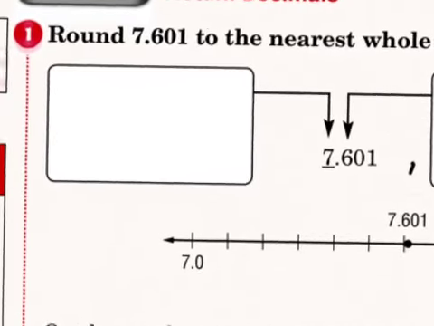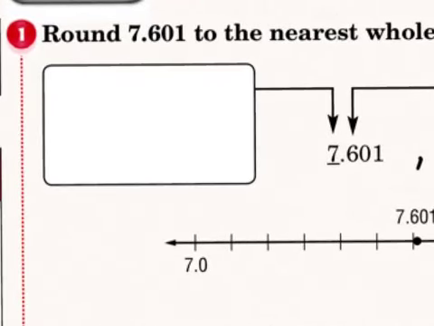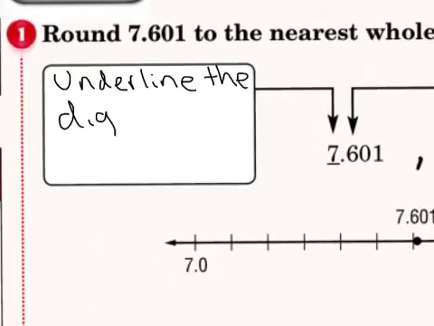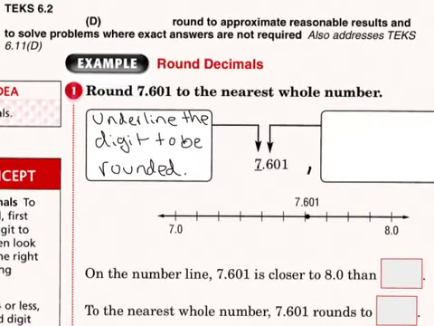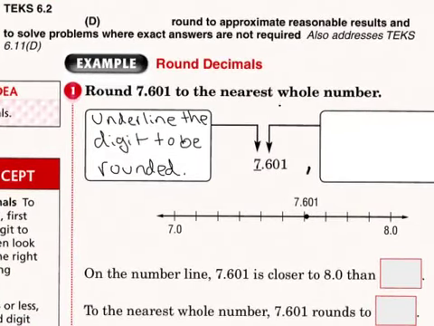Because it's pointing to the 7, you are going to write underline the digit to be rounded. And in this case, we agree that you round it to the nearest whole number. Right? The nearest whole number is 7.